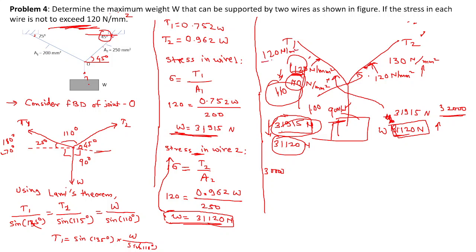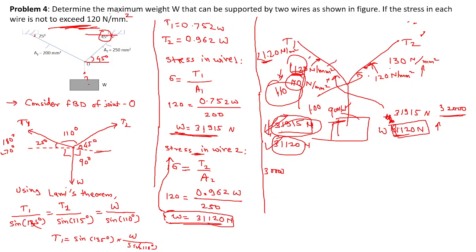They told us not to exceed 120 Newton. So we are within the limit. If we take this value, we are also satisfying the limit or condition for wire number 1.